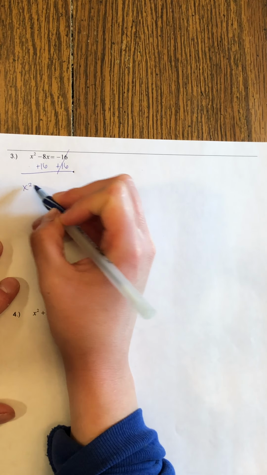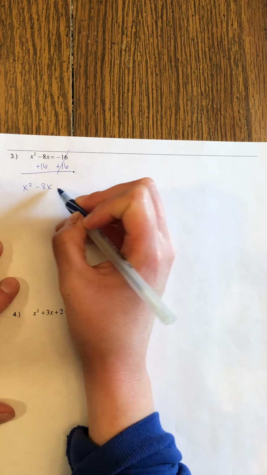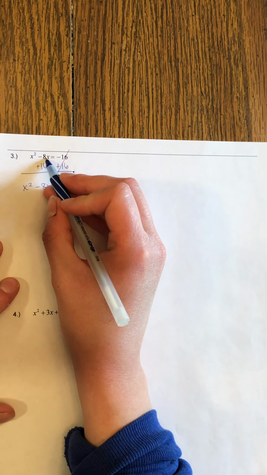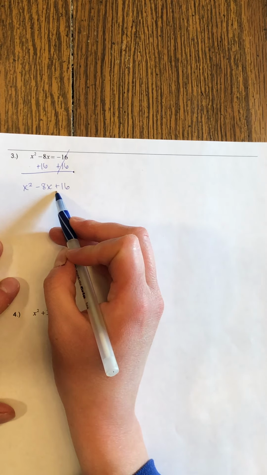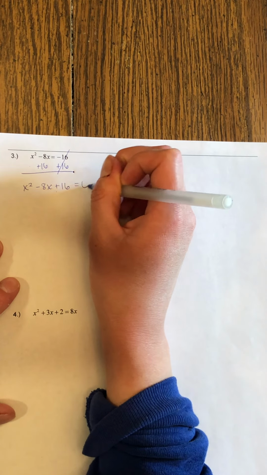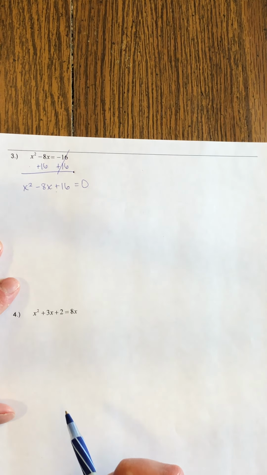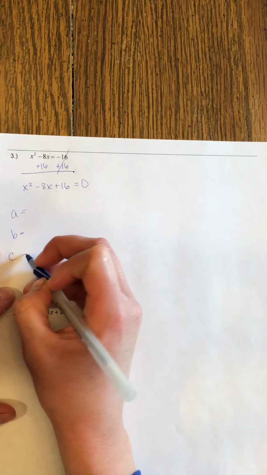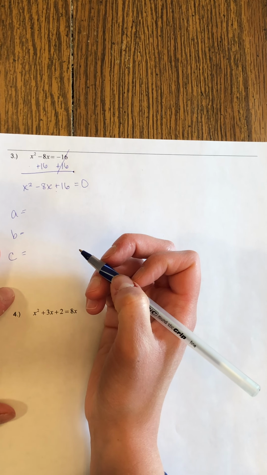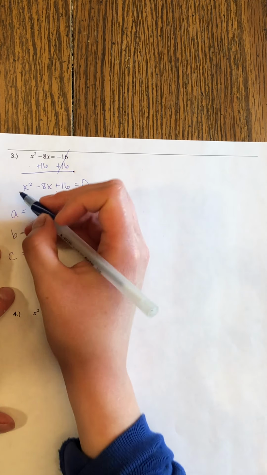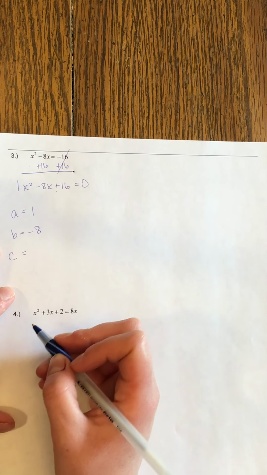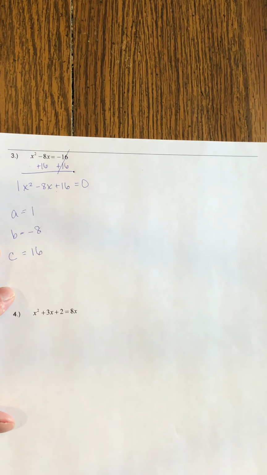So that's going to give me x squared minus 8x plus 16, because 16 isn't like terms with anything over here. So all I can do is write them next door to each other. And then that would be equal to 0. So I do now have 0 on one side. Next, we're going to fill in a, b, and c into the quadratic formula. So a is 1, b is negative 8, c is positive 16.